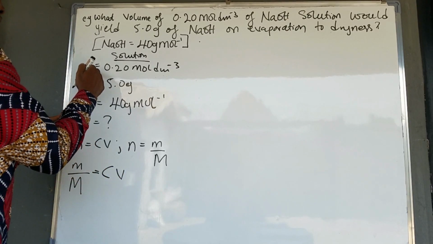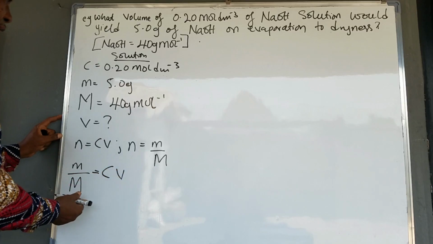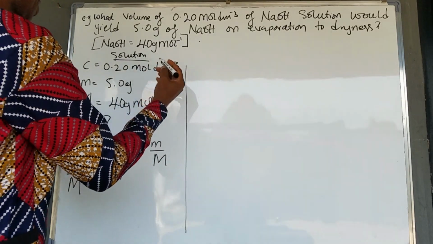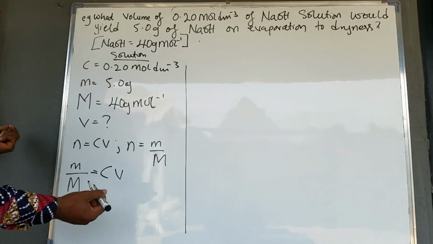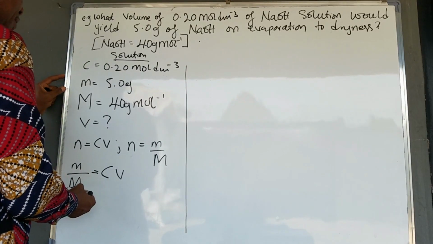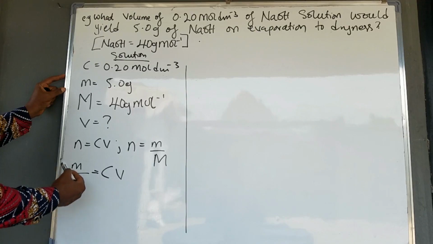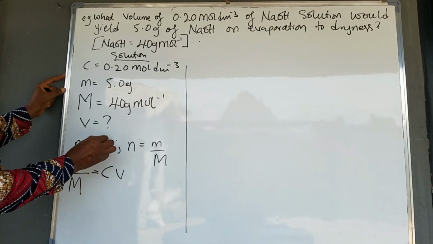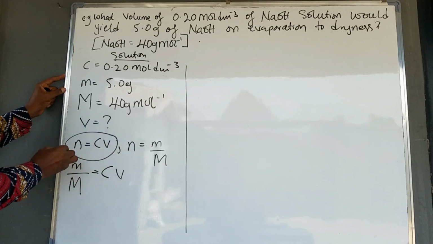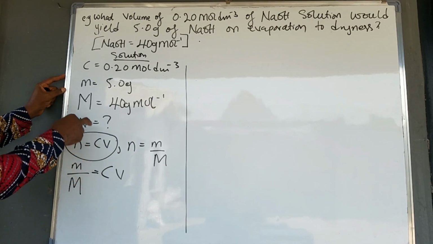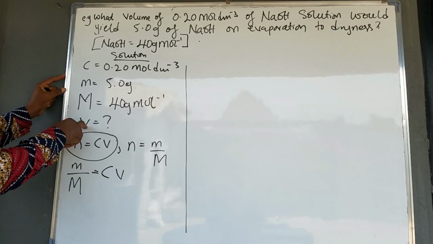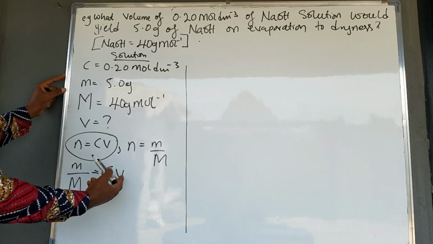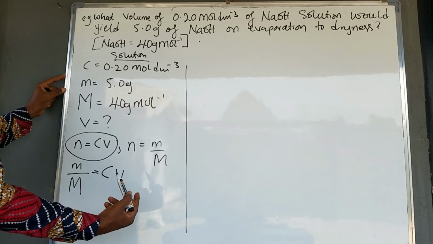I have C, and I'm looking for V. So with this formula I have derived, in case I've forgotten how to solve solubility, I can use it to solve without stress. Remember how I got m over big M is from the formula that n is equal to this. And the one I'm actually using is n is equal to CV, because I have C, I'm looking for V, but m over big M is something as n. So I use it to form a new equation which I will use to solve it right now.